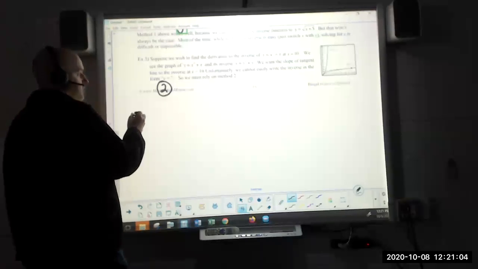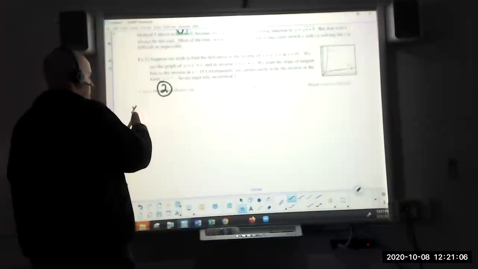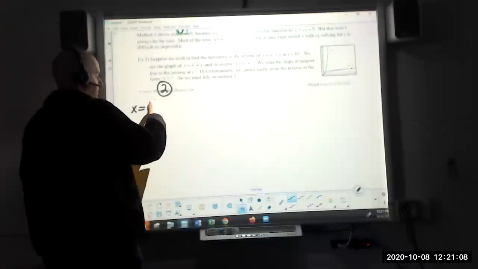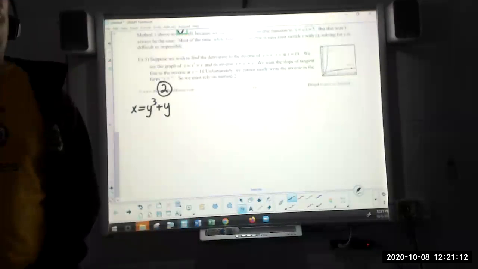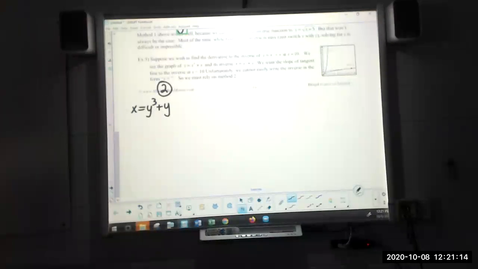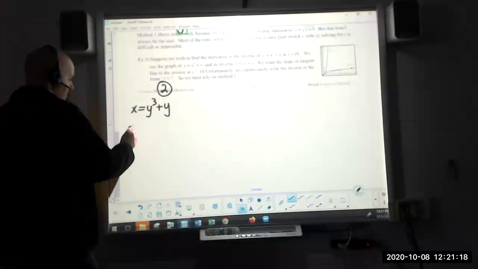So how's that going to work? They've been helpful and spelled that out for us already. x equals y cubed plus y. Good practice for later. What's the derivative with respect to x here?